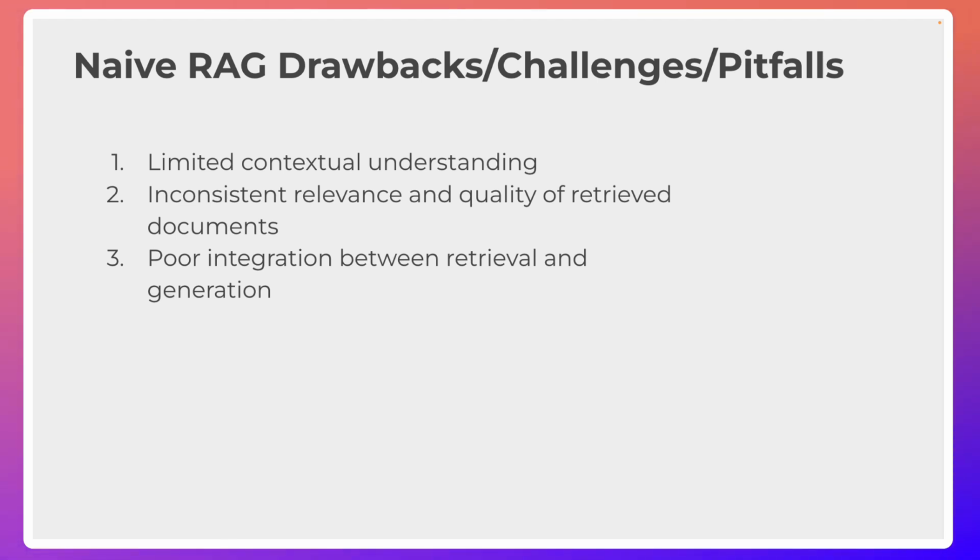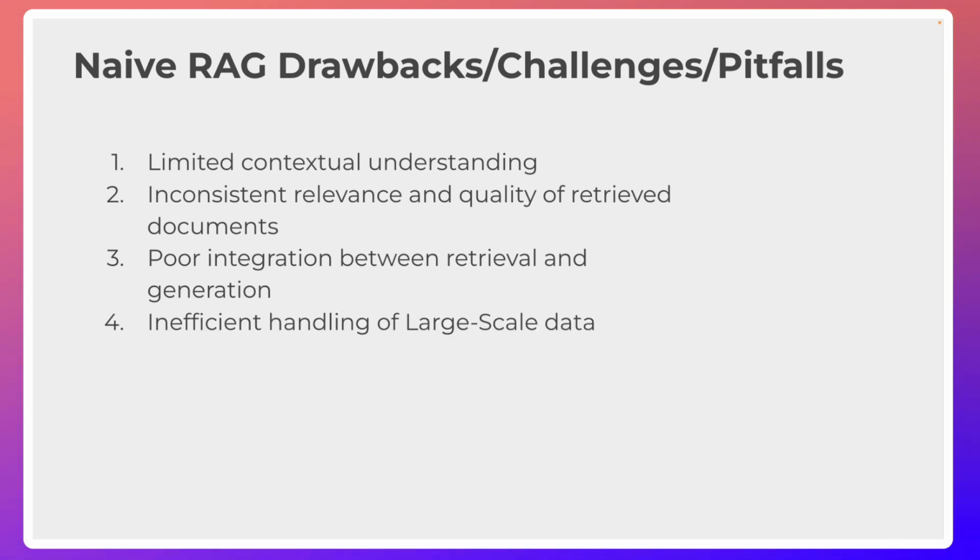So you can see two things are working independently. They're not optimized to work together. That's a problem. This lack of synergy could lead to suboptimal performance where the generative model doesn't fully leverage the retrieved information. As an example, the generative model might generate a response that ignores critical context provided by the retrieved documents, which in this case will result in generic or off-topic answers.